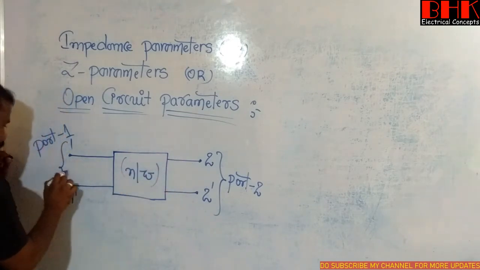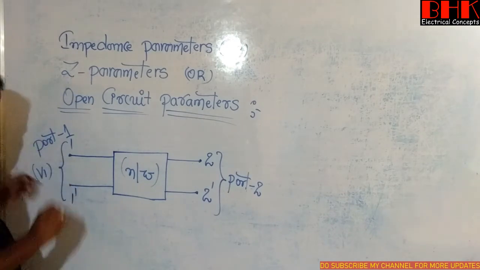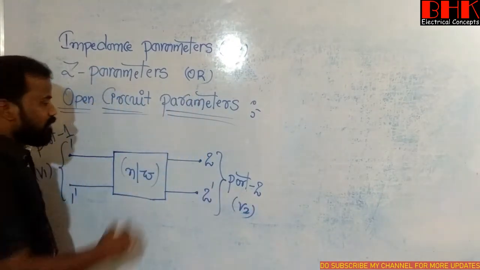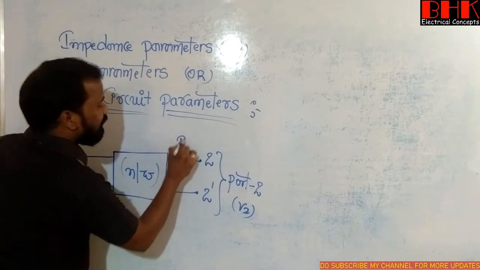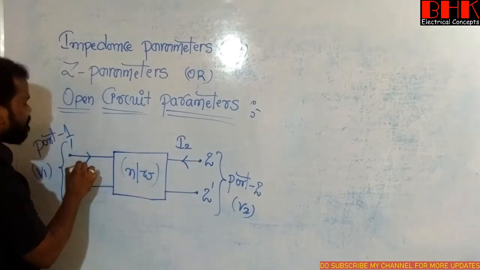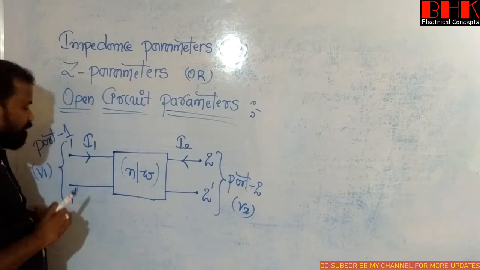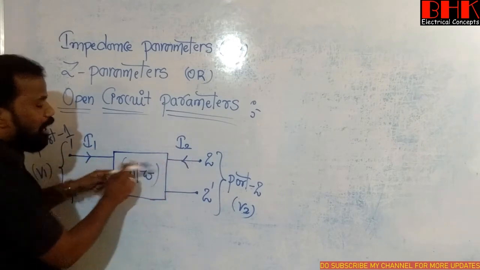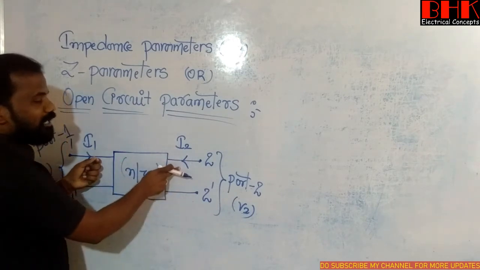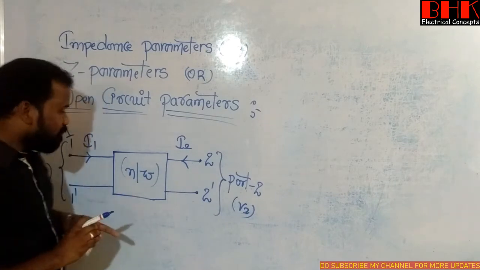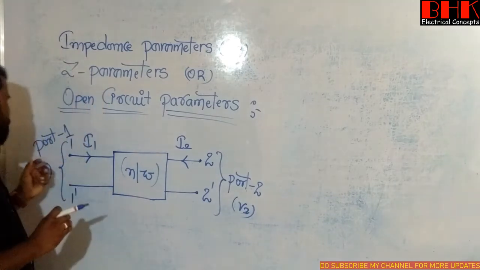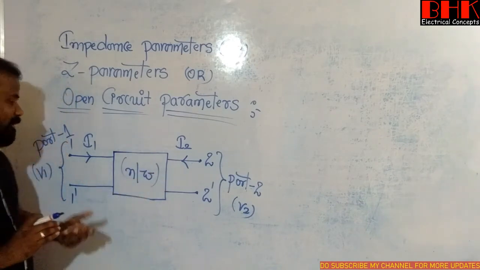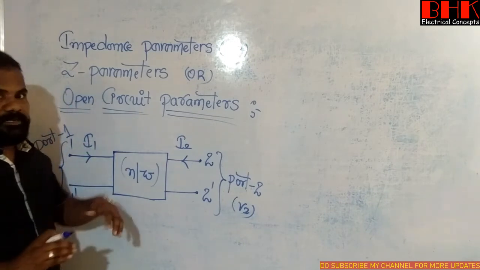Now the voltage in port 1 is V1 and the voltage in port 2 is V2. From port 2, current I2 is flowing like this, and in port 1 the current is flowing like this. Just observe here, the directions of the currents are always opposite, because the sum of these two currents must be equal to 0. So this is the two port network circuit. V1 and V2 are the individual voltages of port 1 and port 2, and I1 and I2 are the individual currents in port 1 and port 2.